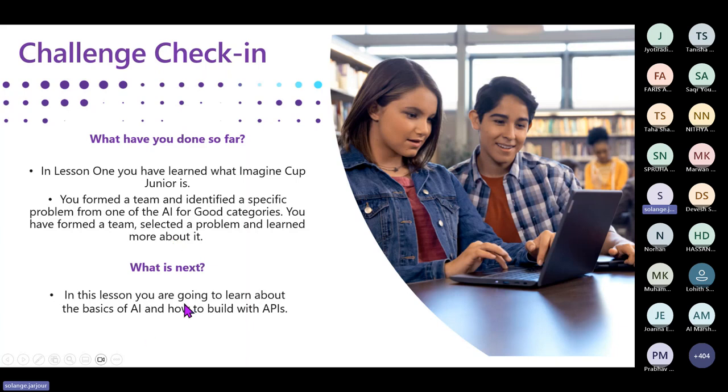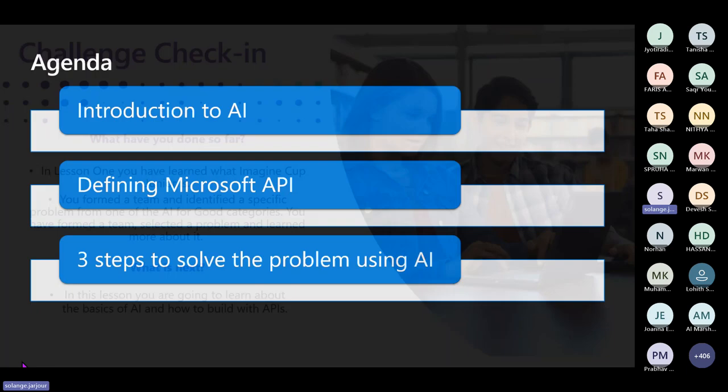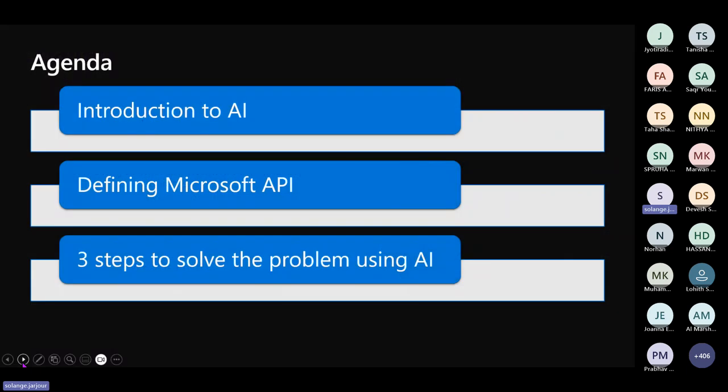Now, what we will be doing together today, we will try to solve the problem using AI. Okay, are you ready? Let's see. So today we will be covering, first of all, an introduction to AI. If you went through the platform and watched the videos, you can also grasp more information about artificial intelligence, but today we will have a recap about it.